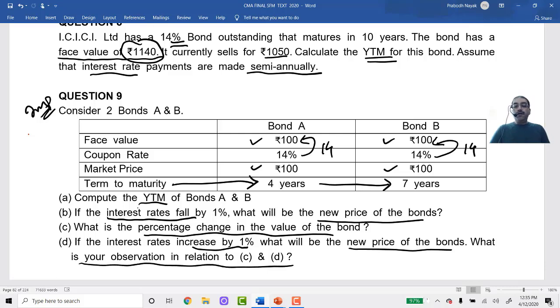What you have to write here? 1% increase, 1% decrease. The change in the value of the bond on account of decrease should be more than the change in the value of the bond on account of increase. Let us see if this comes or not. If it comes, then I am correct. If it does not come, then you are wrong.